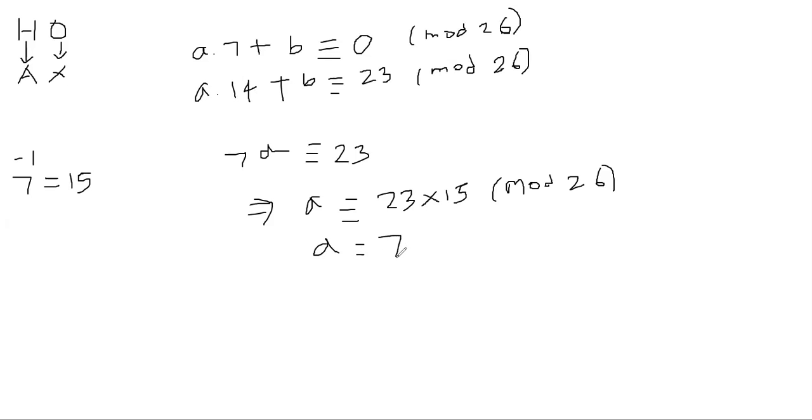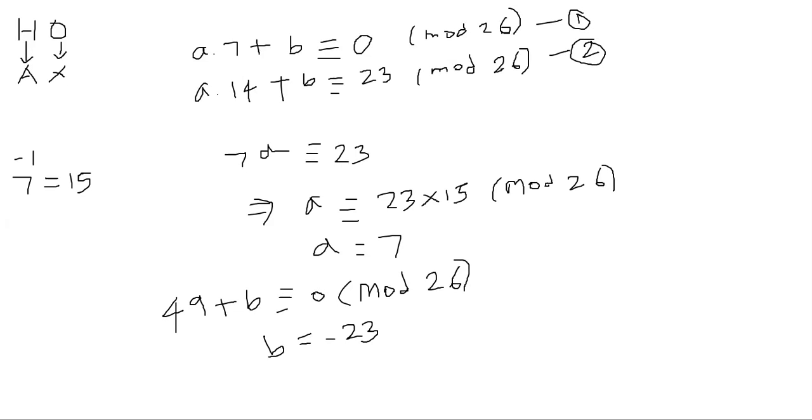Next part is easy. We can go back and plug a equal to 7 into one of these equations. Let me call them equation number 1 and equation number 2. If we plug it into either of these equations, 7 times 7 is 49. So we have the equation 49 plus b is congruent to 0 in mod 26.